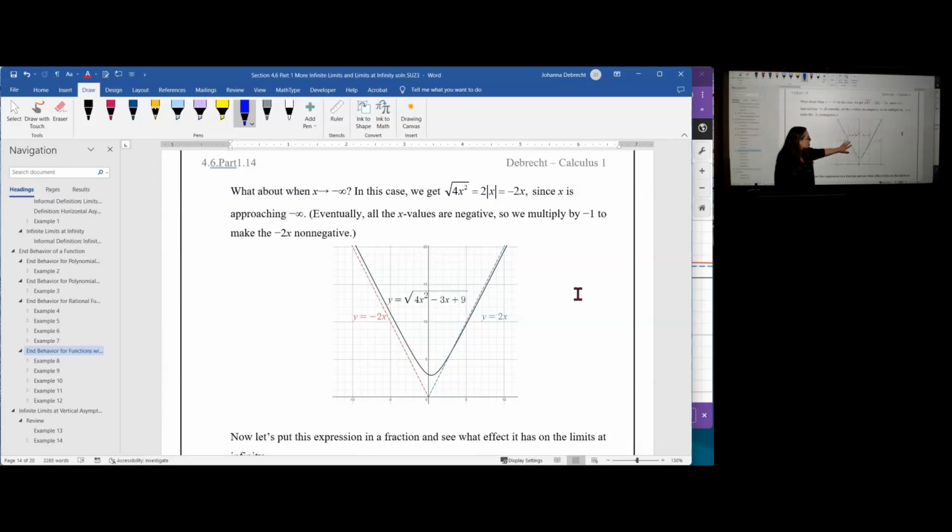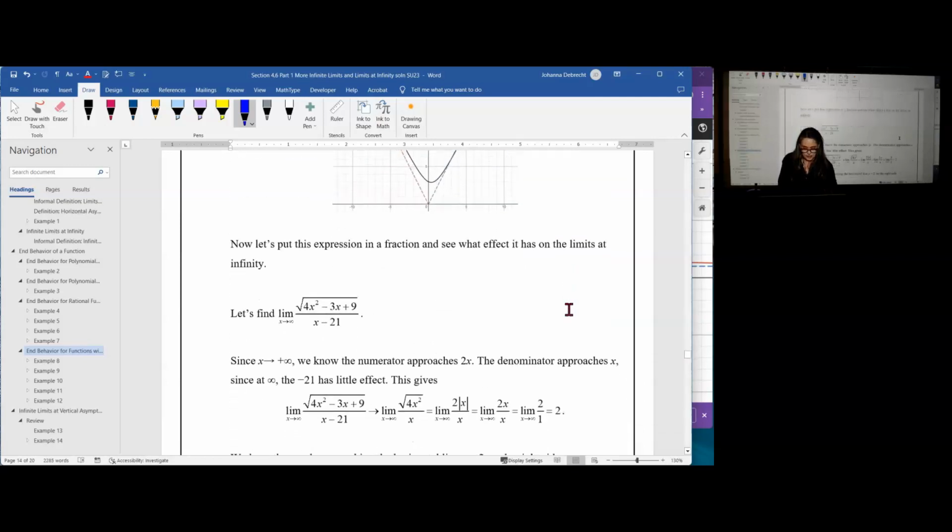In this particular graph, you can see in black the graph of the square root of 4x squared minus 3x plus 9. On the left end behavior, you see the graph of the line y equals negative 2x, and on the right, the graph of the line y equals 2x. It has end behavior of 2 different functions because the square root had the variable underneath it.